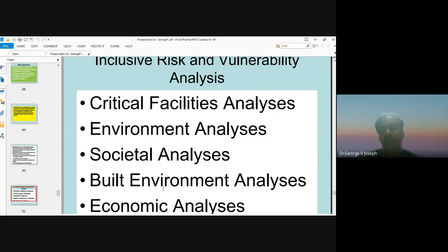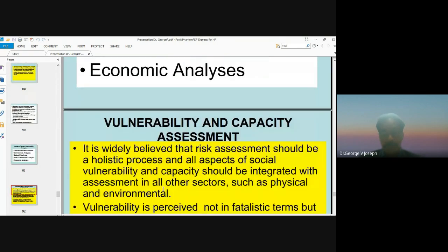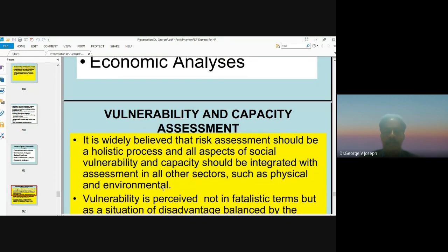Now, because of the vulnerability issue, capacity issue, resilience issue, critical facility analysis, environmental analysis, societal analysis, the social capital which is built up needs to be analyzed, and also economic analysis. So this needs to be done by a team of experts. That is important.